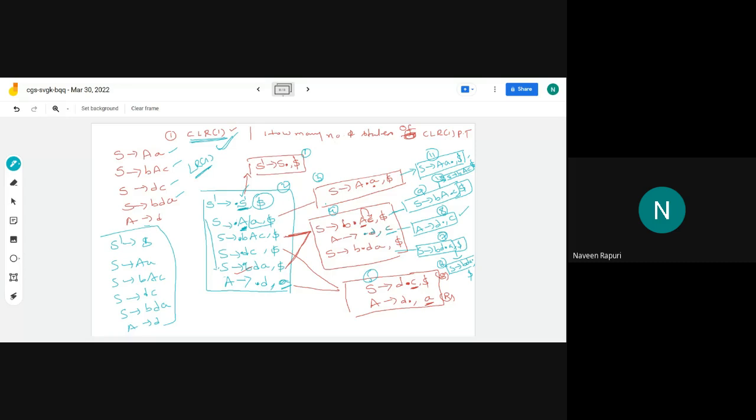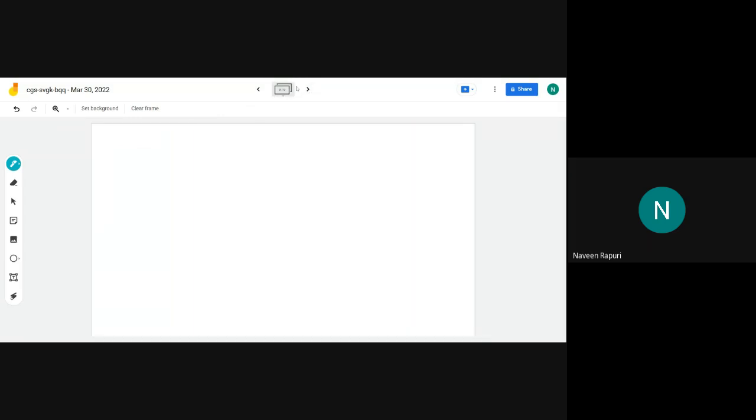For any CLR1 grammar, we can easily construct the LR1 parsing table. Everything is the same, the augmented grammar is the same.